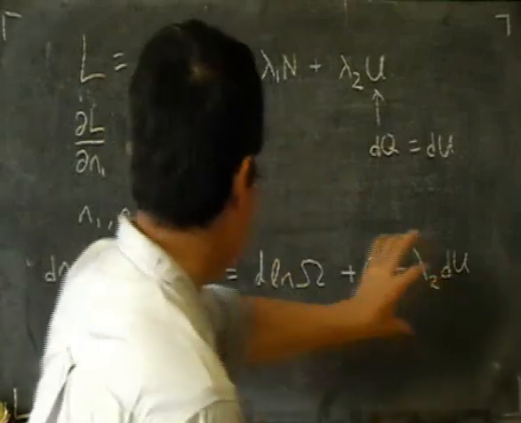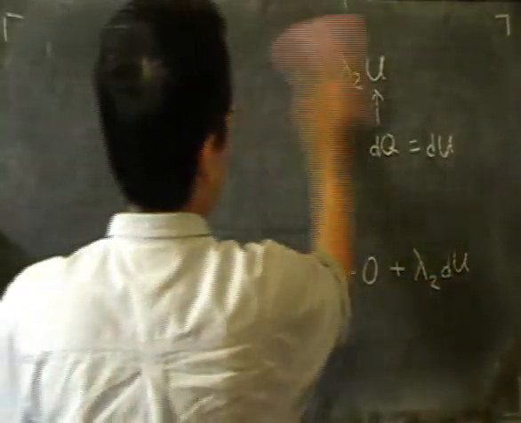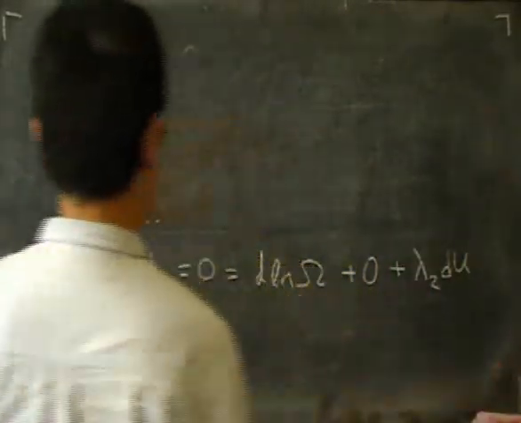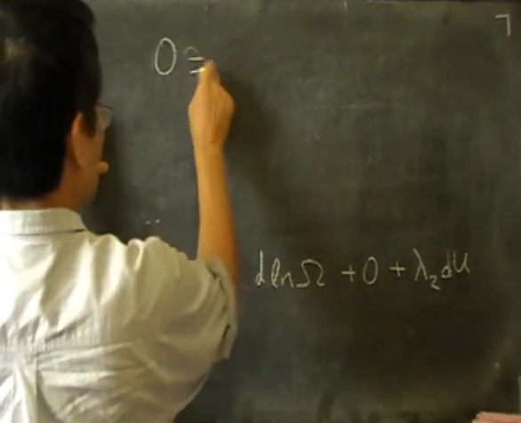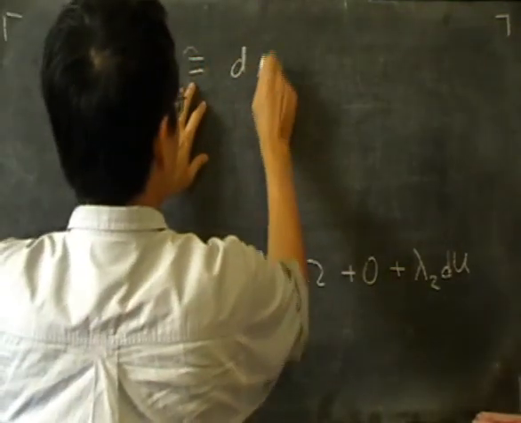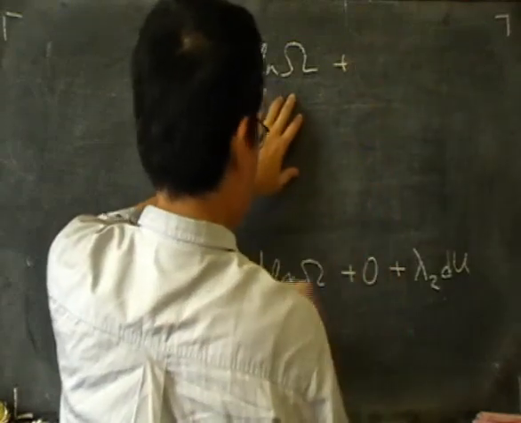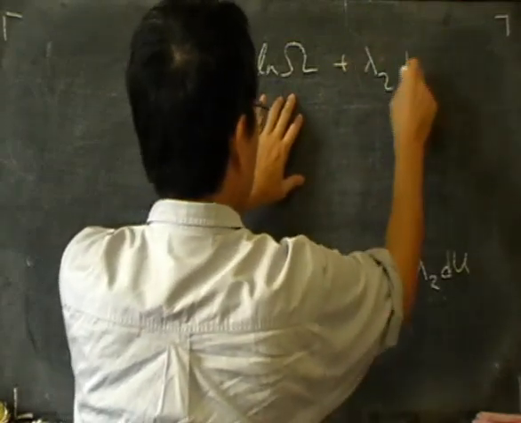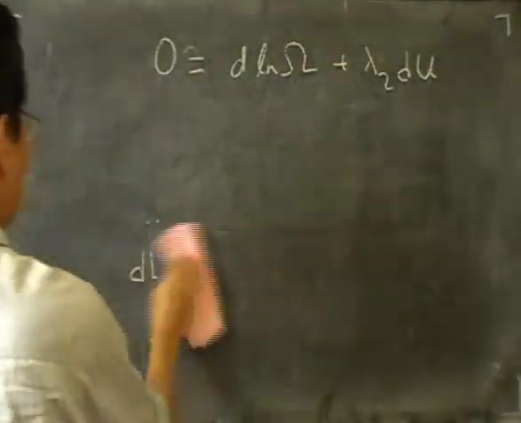So let me write this out again. Just clean this up. Copy this up here. So this is 0 is equal to d log omega plus lambda 2 dU. Right, so this is what we have now.